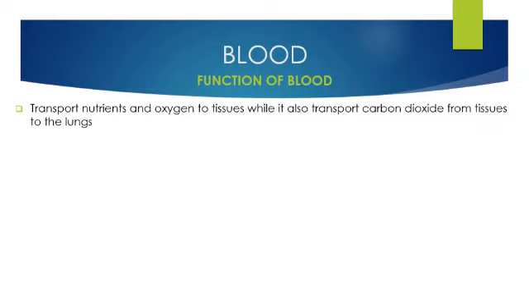I'm sure you agree with me that blood is a transport medium. It's used to transport nutrients and oxygen to tissues, while it is also used to transport carbon dioxide from tissues to the lungs. Most of this function is made possible by the presence of red blood cells.